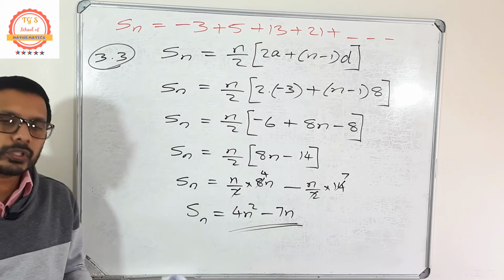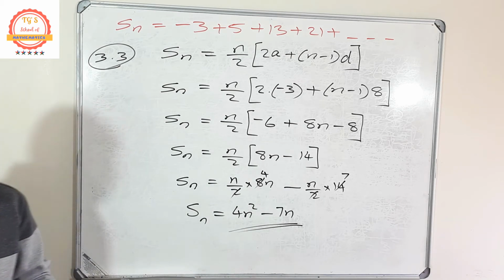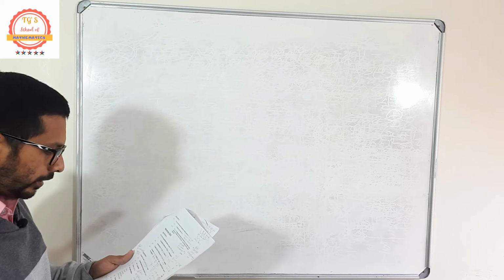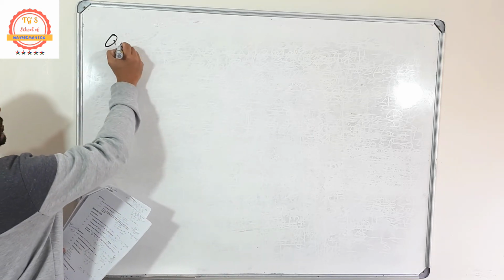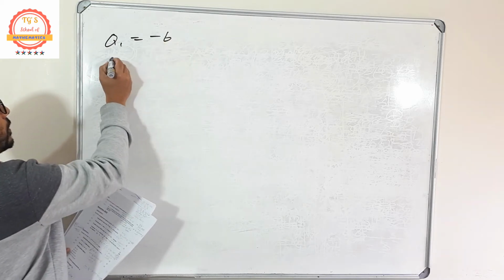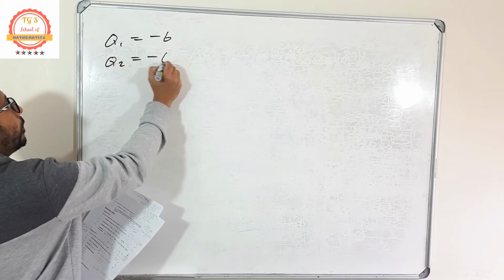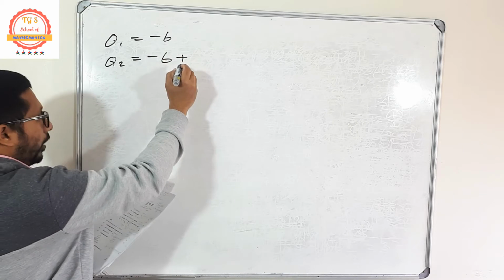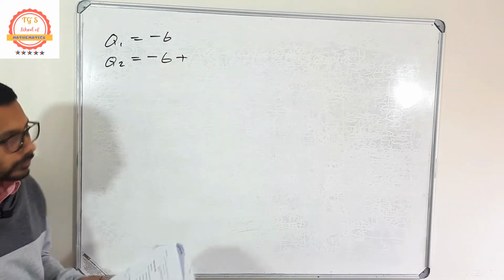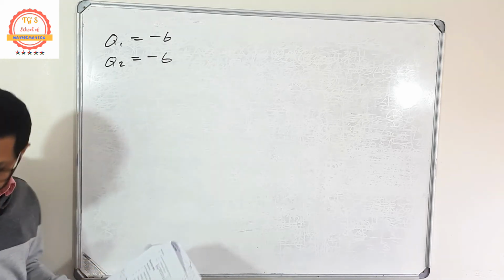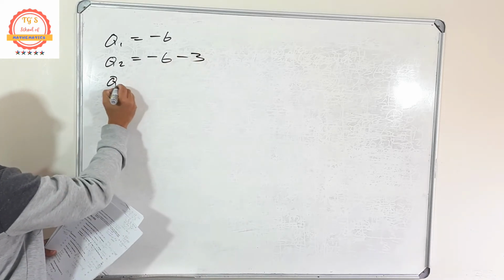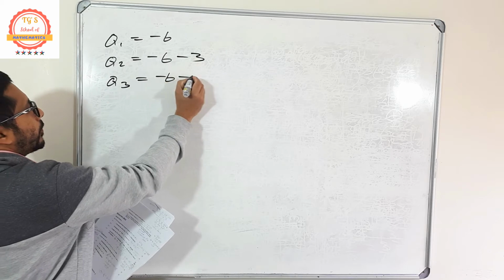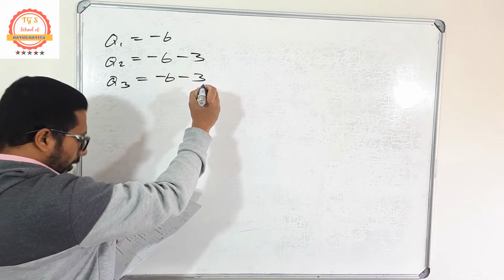So next one is question number 3.4. Another sequence is defined as Q1 is equal to minus 6, Q2 is equal to minus 6 plus minus 3. Q3 is equal to minus 6 minus 3 plus 5.